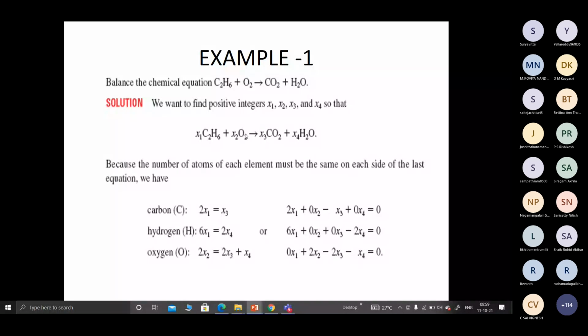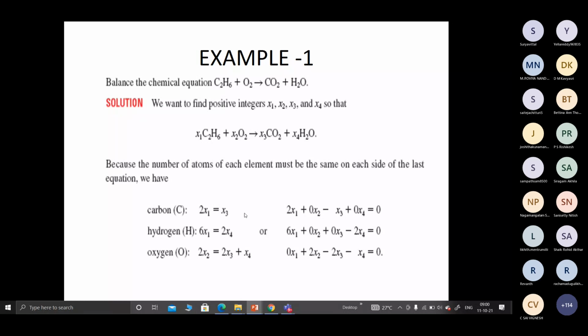How many are here? 2, no? 2 into this coefficient. So 2x2 equals, what's the oxygen here? 2x3 plus x4. Is that clear? So you just see this simple chemistry. You need not worry much about that. We are worried only about this mathematics part.